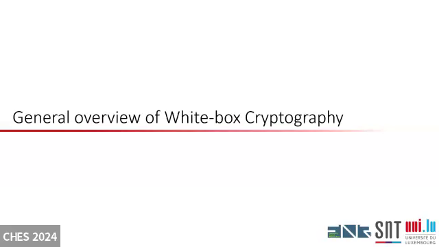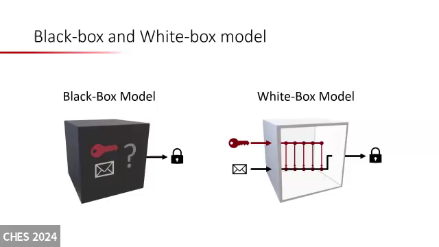So as you all know, you all know the black box model, which is basically the usual cryptanalysis against classical schemes. And then from these schemes in which you don't know anything during the computation, you can have some side channel information, which we call, in our case, the gray box model.